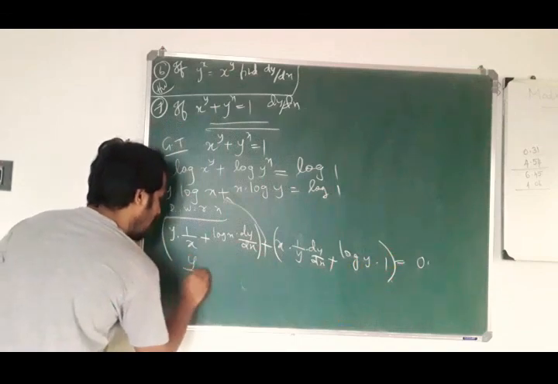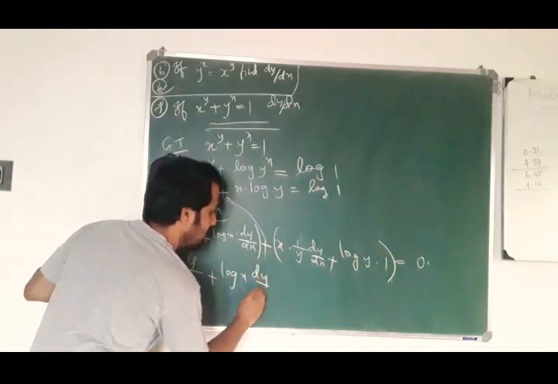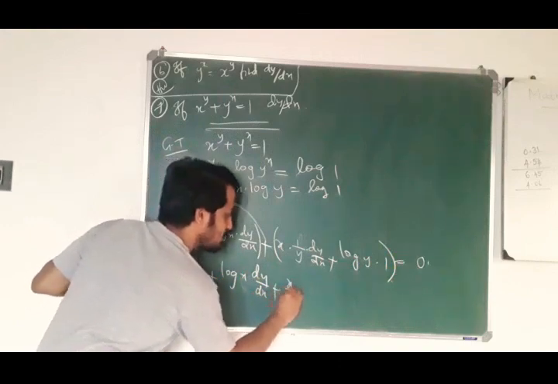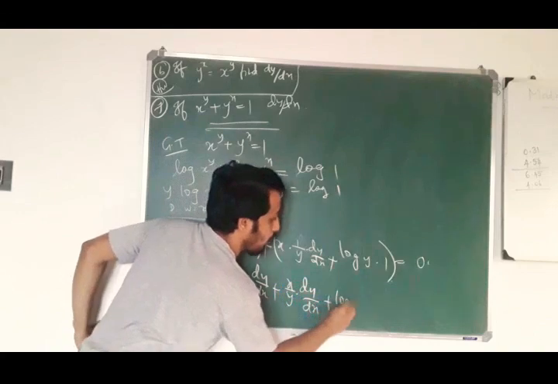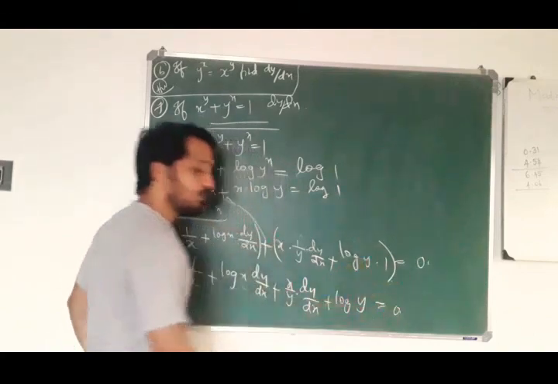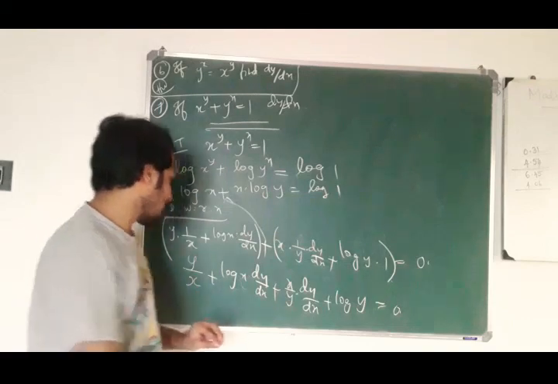That is y by x plus log x into dy by dx plus x by y dy by dx plus log y is equal to 0. So now I am keeping the dy by dx terms on one side.